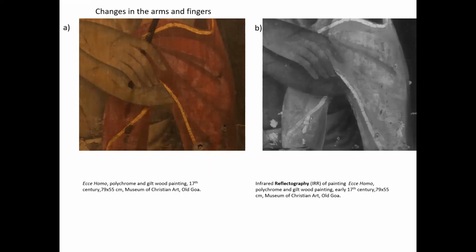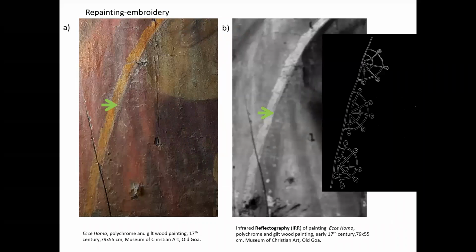These kinds of changes are not repaintings, they were originally changed by the author. As with this one, we can see that they had an embroidery here. The mantle, Christ's mantle, had an embroidery, and in the final painting this embroidery was covered and is not visible by naked eye.